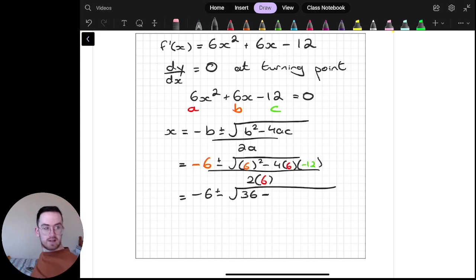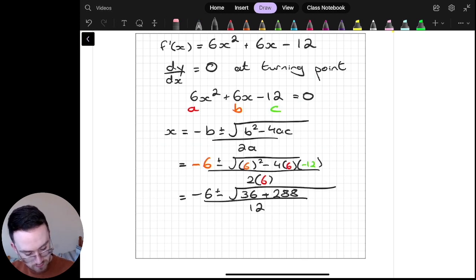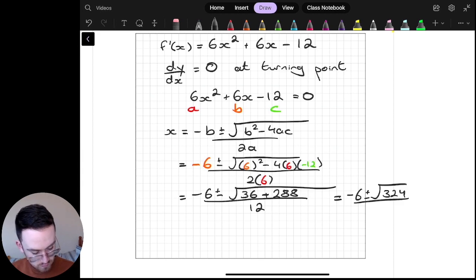So 4 by 6 by 12 gives me an answer of 288. That's going to give me minus 6 plus or minus the square root of 288 plus 36, 324, all over 12.